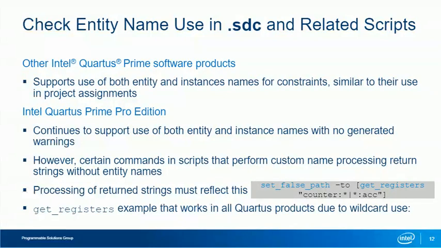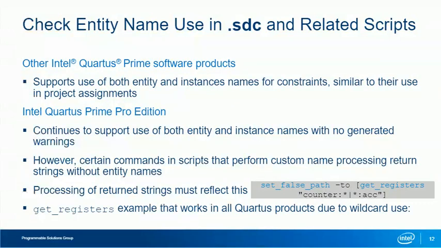No action is required. However, if the SDC file or Tcl script that includes SDC commands performs some type of custom name processing on elements of a design, there could be an issue. In the Pro Edition, timing netlist names converted to strings through the use of certain commands do not include entity names. The returned strings must be processed correctly to reflect this.